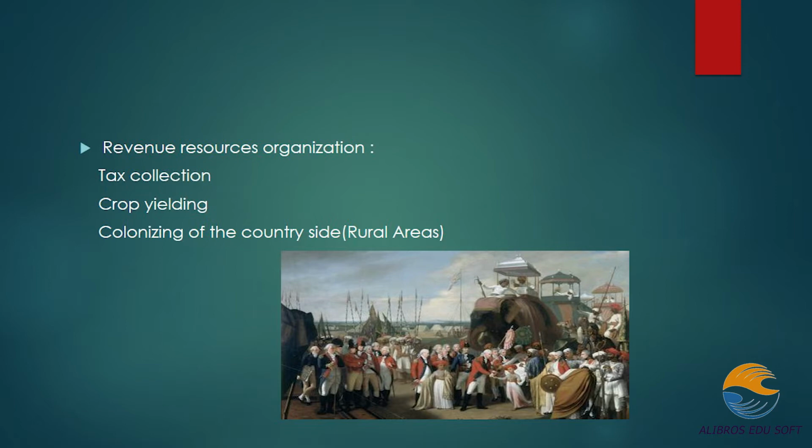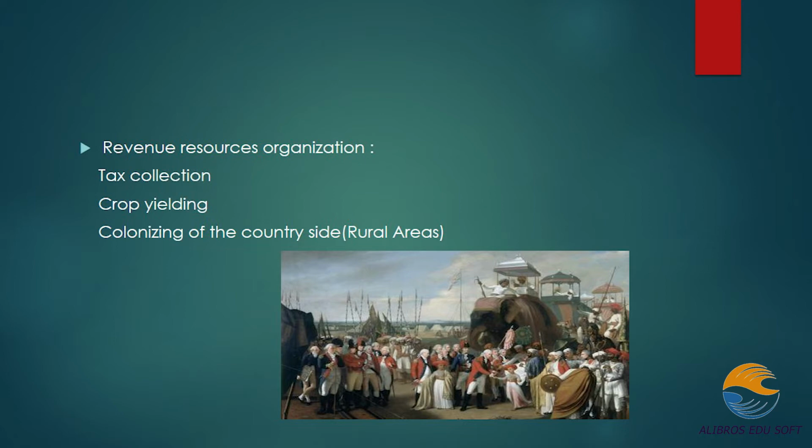That is tax collection. The first one, tax collection, explains the different types of methodologies the British had to introduce in those periods for collecting revenue from the peasants or the people who lived in their areas. Next one, crop yielding.